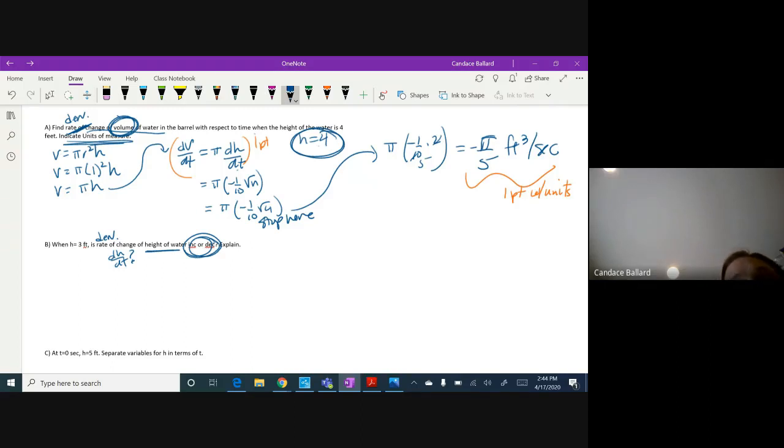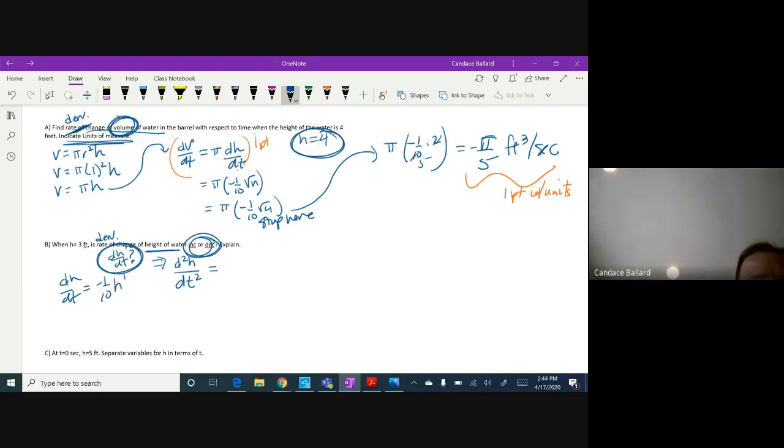So we know we get increasing or decreasing from the derivative, but our original in this case is the derivative. So what we need to do is we need to take the second derivative, or the derivative of the first derivative. Our original function, which I have now lost, so I'm going to write that over here, dh/dt equals -1/10.